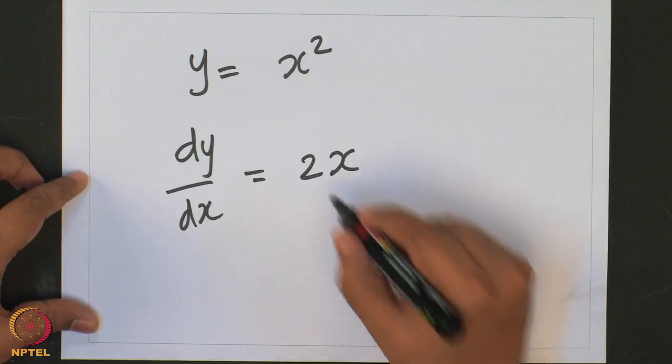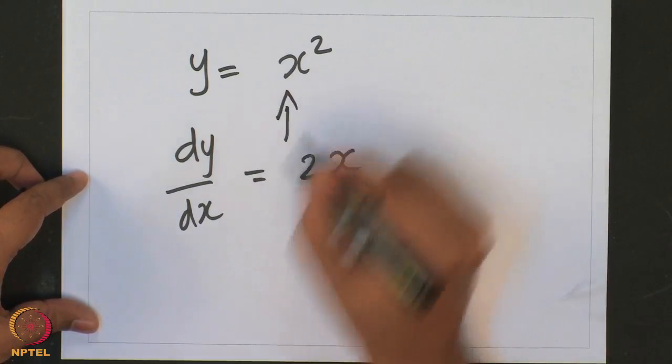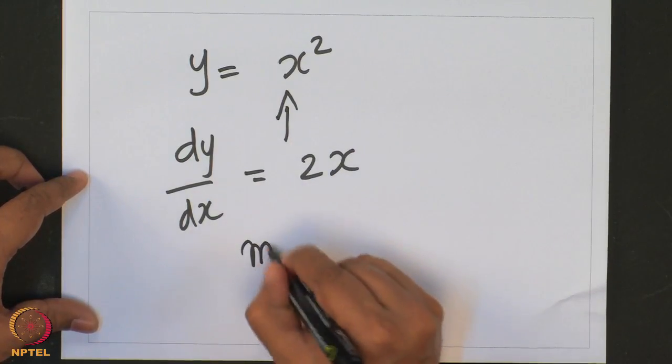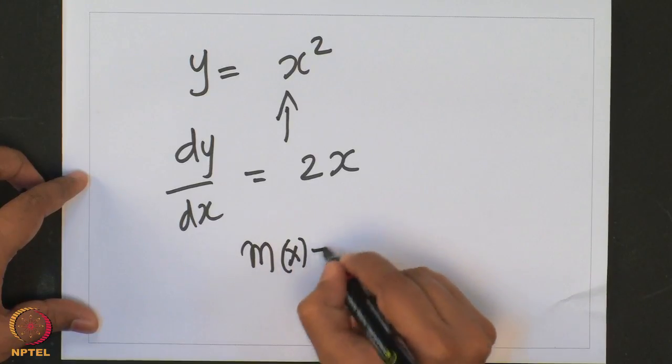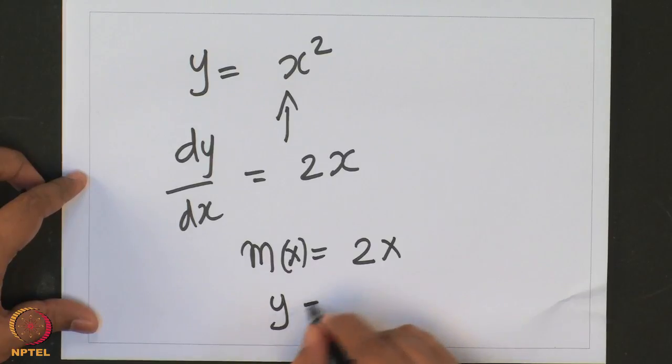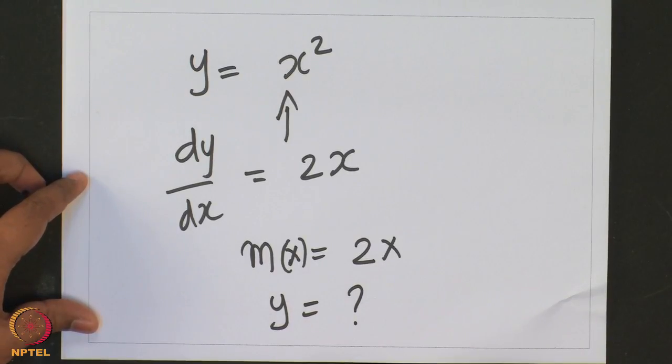Now we could think of the opposite: if we are given the slope m of x as 2x, can we get y?